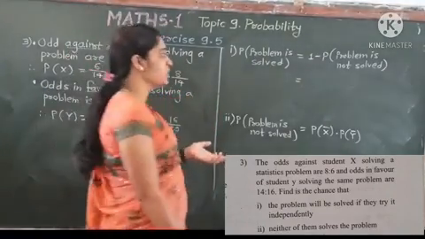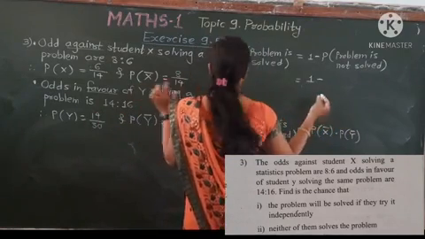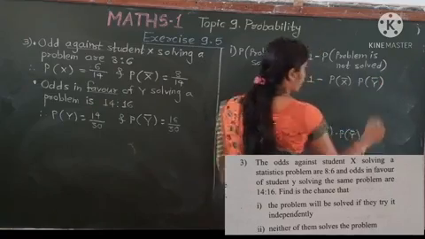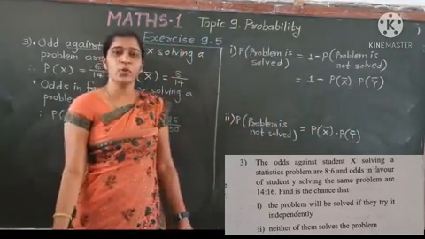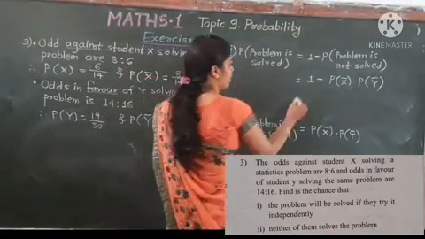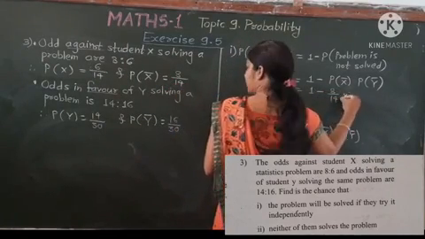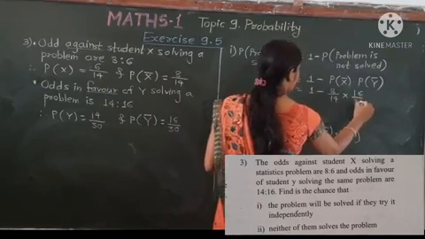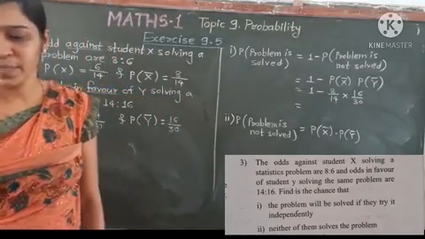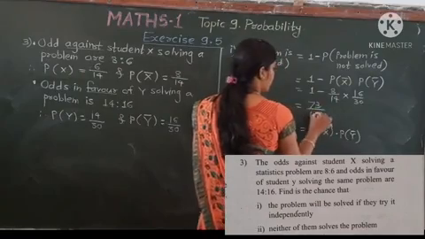Problem is not solved means P of X bar into P of Y bar. So it is 1 minus 8 upon 14 into 16 upon 30. You calculate this, the answer will be 73 upon 105. You solve it.